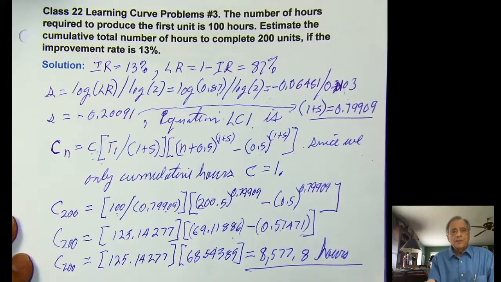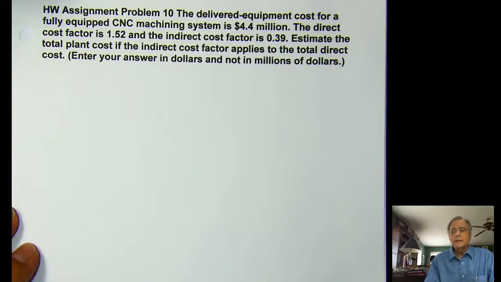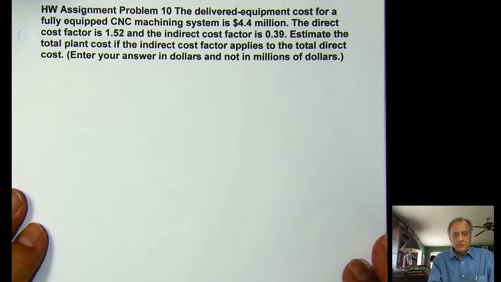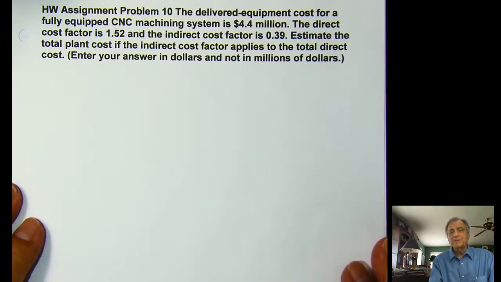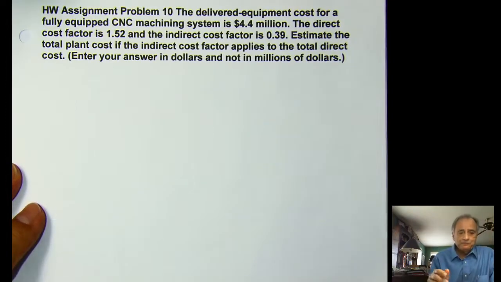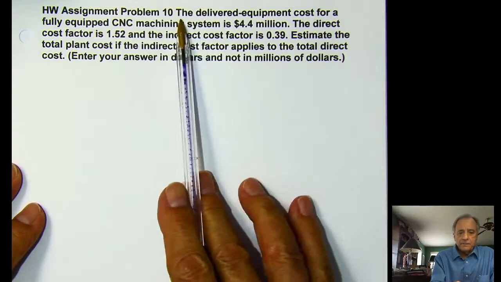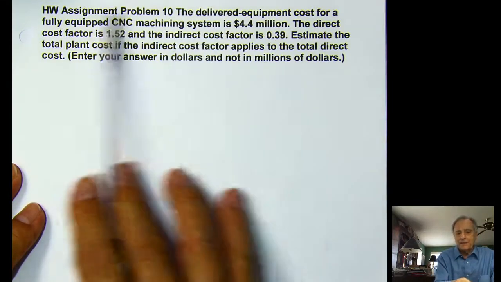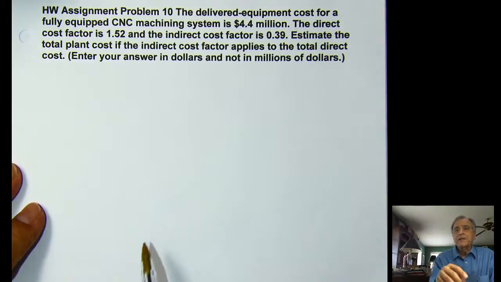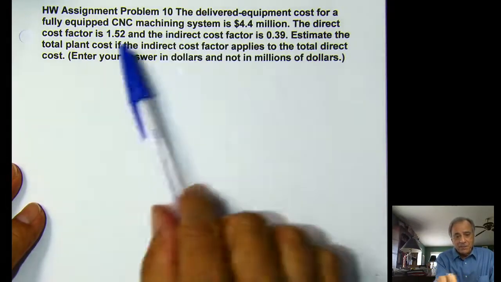So the next problem is also from chapter 22, of course, and it is one of the homework problems. You should see this problem again when you do the homework for chapter 11. When I accessed the homework assignment, it was problem number 10, but it may not be problem number 10 when you access your homework assignment, and the numbers may be slightly different.